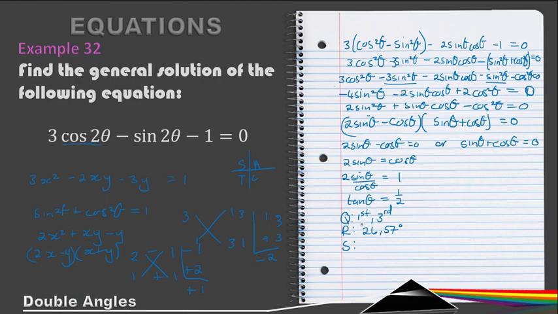So for the first quadrant, we just have our reference angle. So theta is equal to 26.57 degrees plus 180k, because we're working with tan. And then for the third quadrant, theta is equal to 180 plus 26.57 plus 180k.